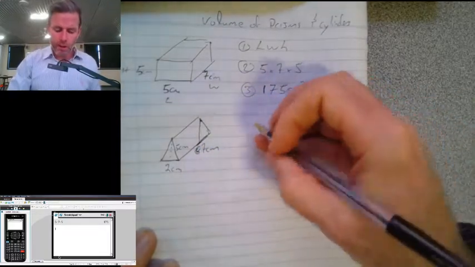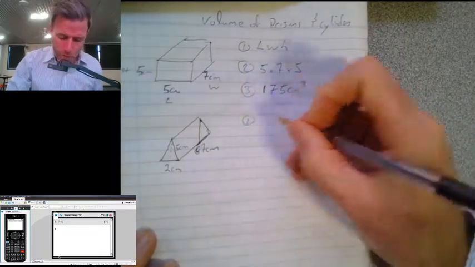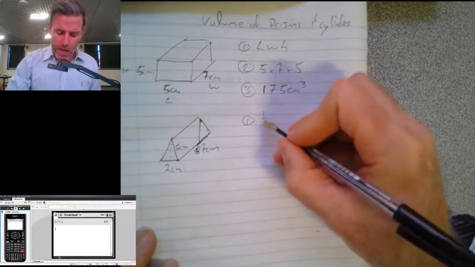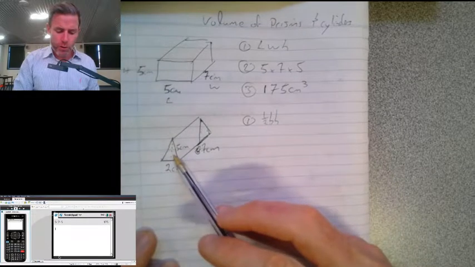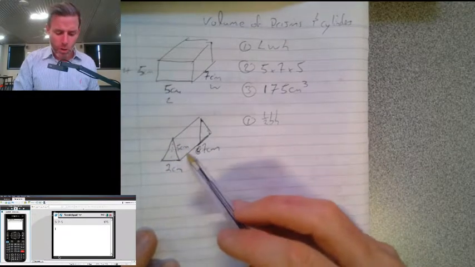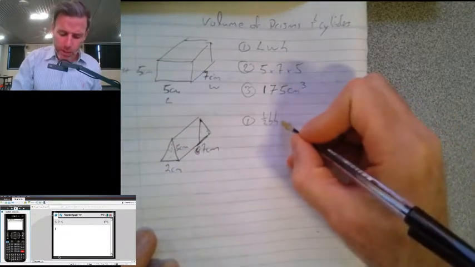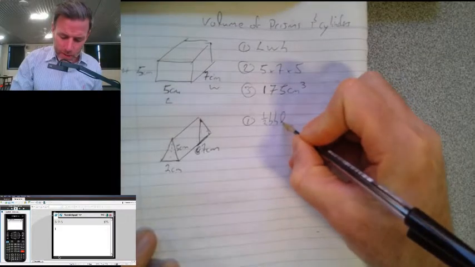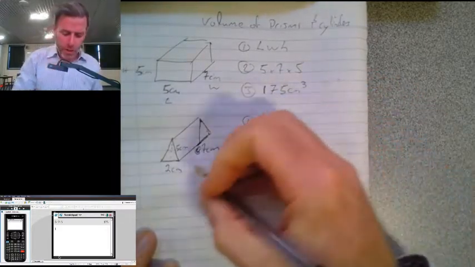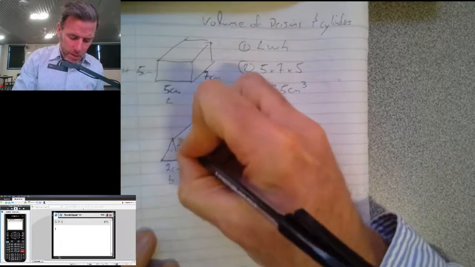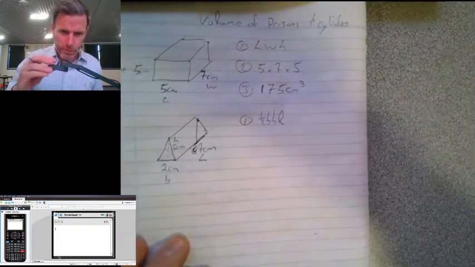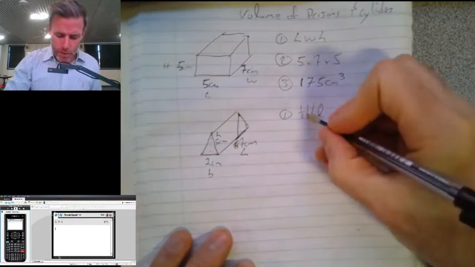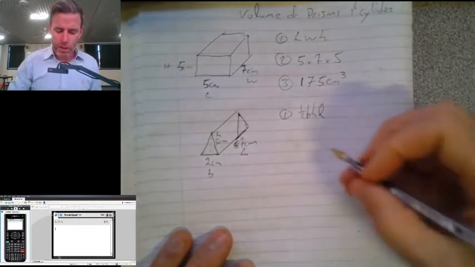So the area of a triangle we should know from before. The area of a triangle is half base times height, and basically what we're doing here is imagine a series of triangles stacked on top of each other all the way up to the length here, so times length. So if we said this is the base, this is the height, and this is the length, it's a bit hard to see, huh? I might need a better light.